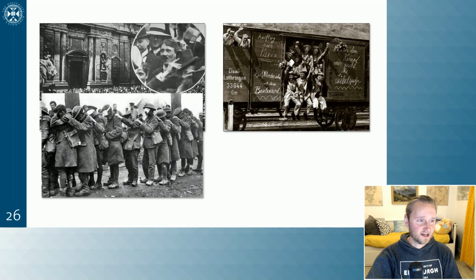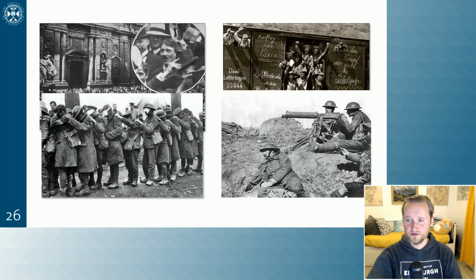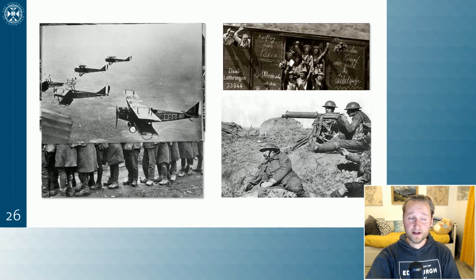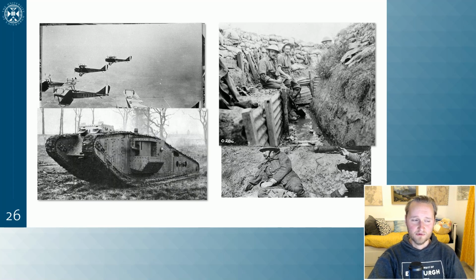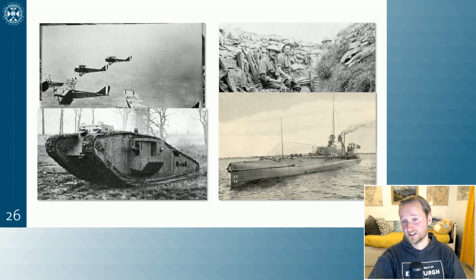There was the first time that chemical warfare was used, machine guns were used, aerial warfare happened for the very first time. For the very first time, also, the war came to a complete halt, and we had the trench warfare that we all now associate with the First World War, with the first tank battles, and even the first submarine attacks during this.